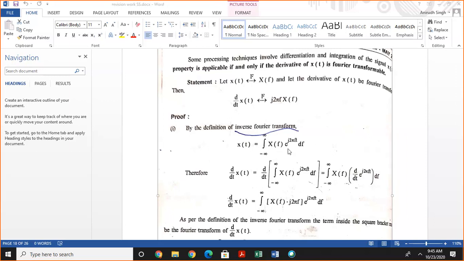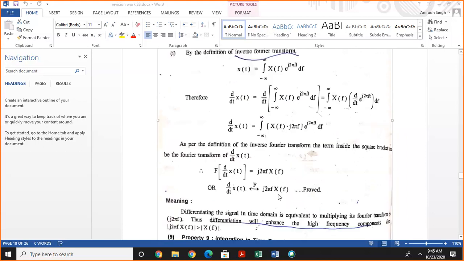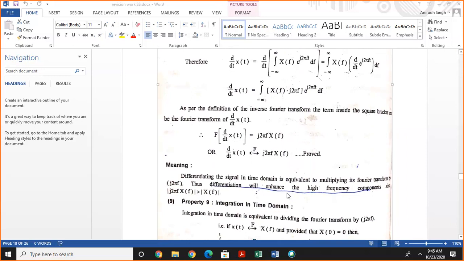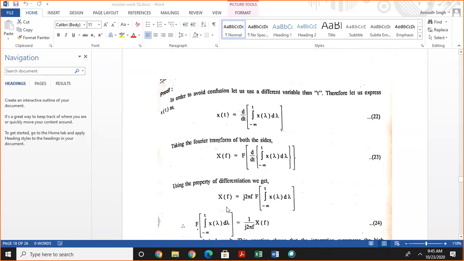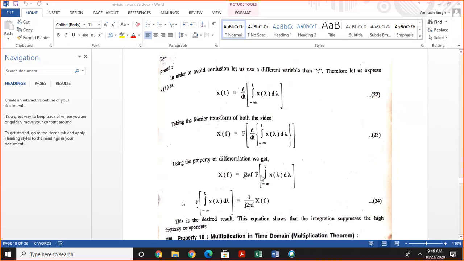Then, differentiation in time domain. This is the next property of Fourier transform. x of t is given by this formula by the definition of inverse Fourier transform, and if we take differentiation of both sides, dx by dt is given by this formula, and when we differentiate this term, we get X of f multiplied by j 2 pi f.